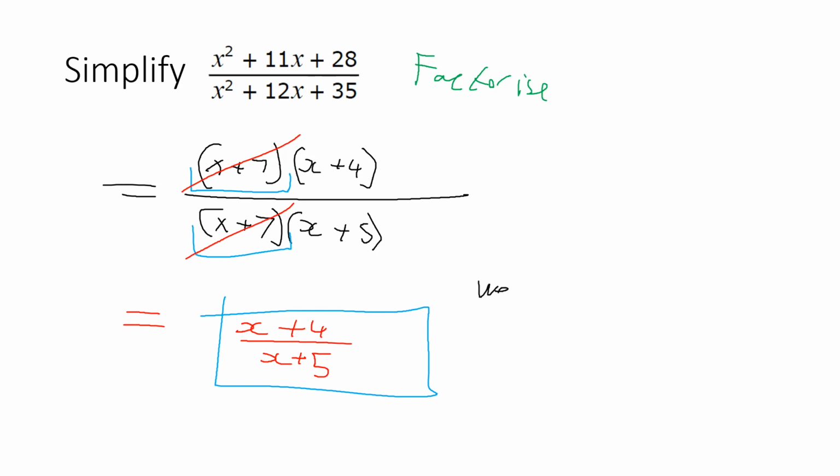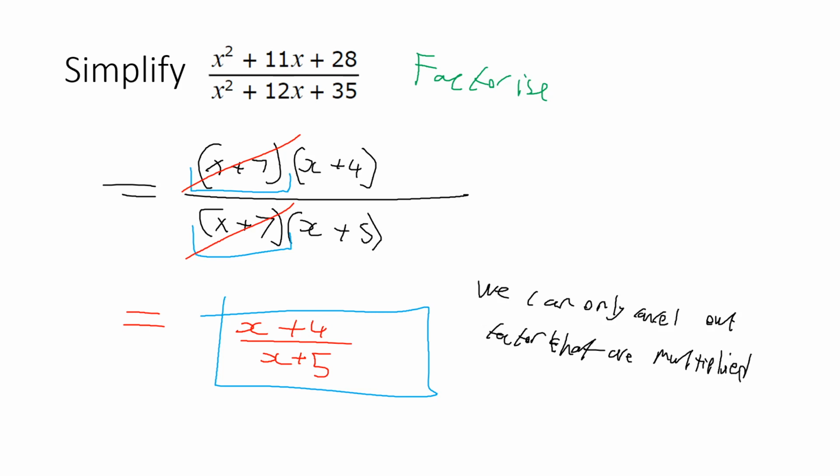We can only cancel out factors that are multiplied. And we'll look at that in another example, but please write this down and do remember this. We can only cancel out factors that are multiplied.